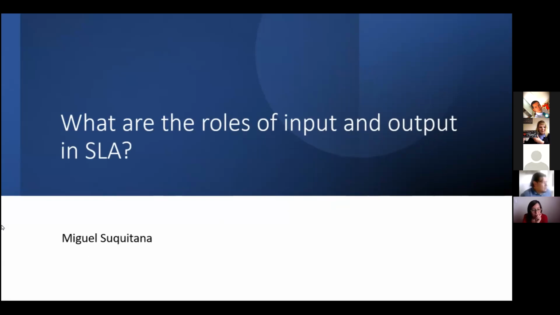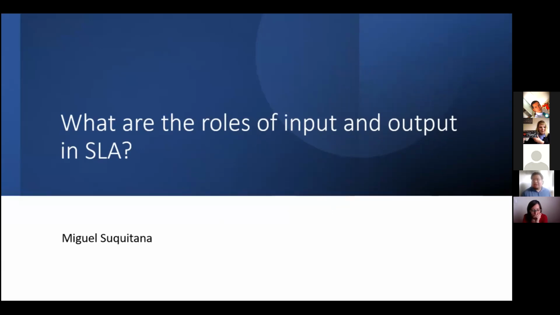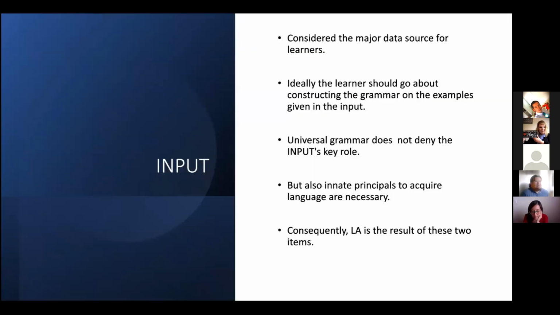Okay, now, based on this, let me start with input. Basically, input is considered the major data source that we can give learners. It is important to give them lots of input, but basically they should have examples of the target language we want them to learn.